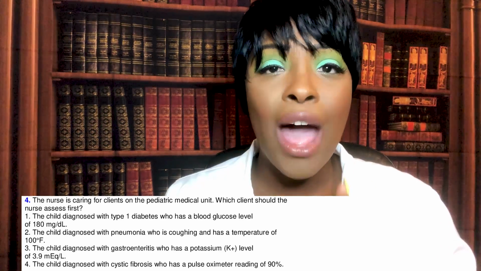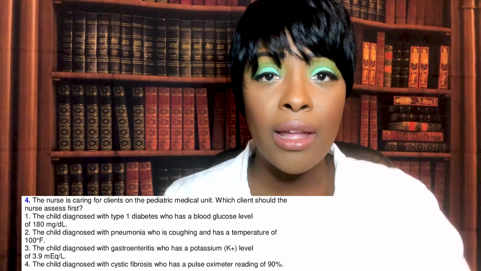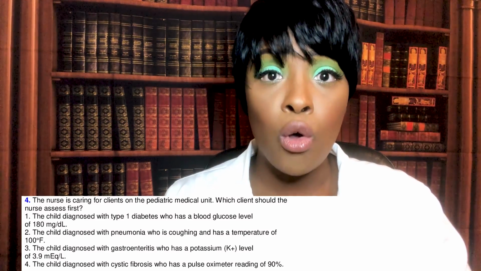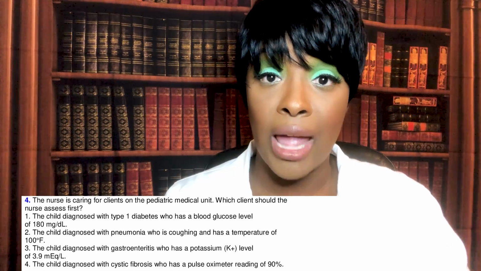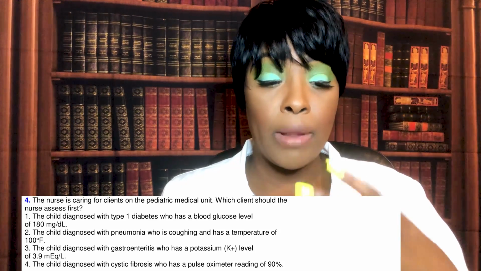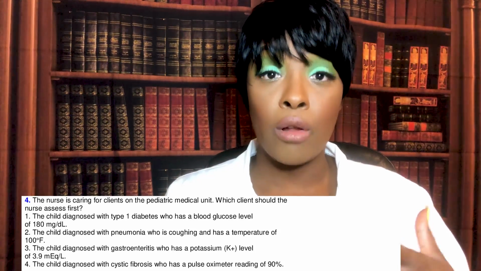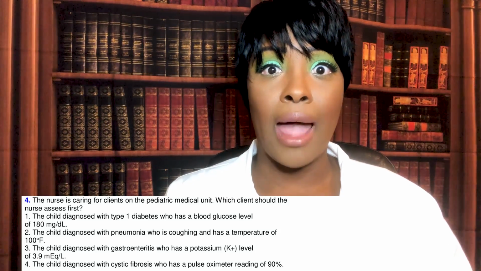However, there's something I want to point out to you. ABC, airway comes first. So a patient with the low O2 sat, you're going to go to them first before you go to the patient that their blood sugar is high. That's number 1. And number 2, I want you to remember when a patient's blood sugar is high, their body has certain mechanisms that they'll compensate for a while before the compensation stops working.